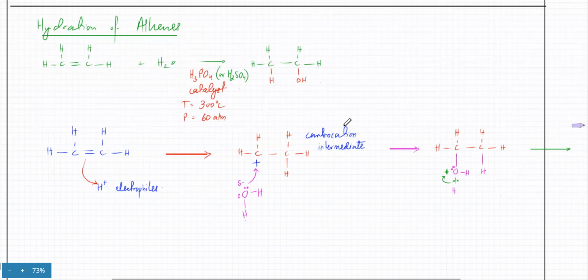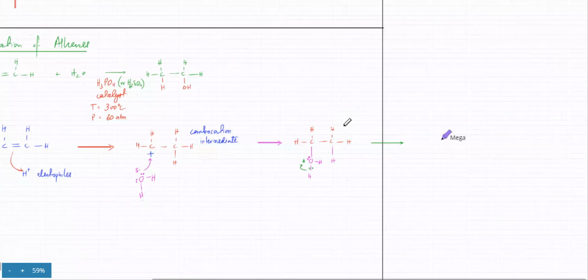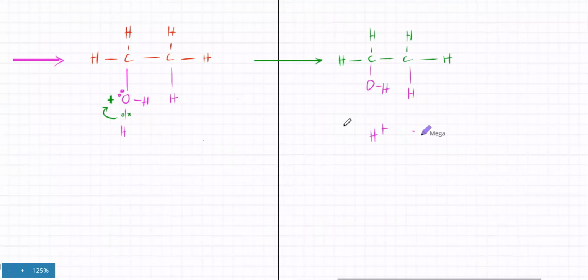So the final step is that you have carbon and H. There's an H already attached, and there's your OH that's now attached because the H plus one has broken away. And your oxygen gets its lone pairs back again.